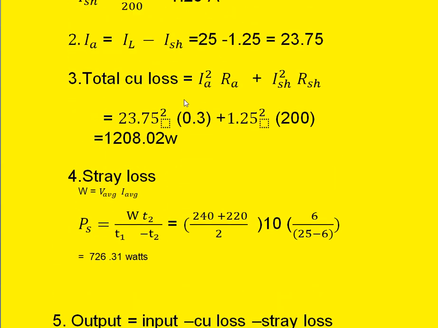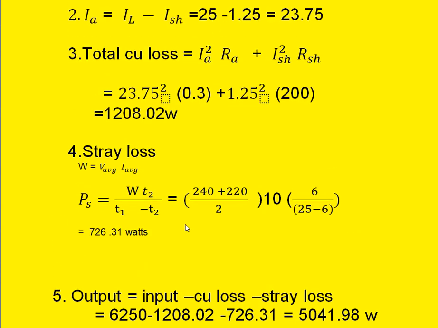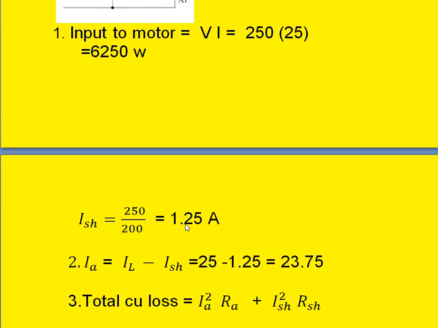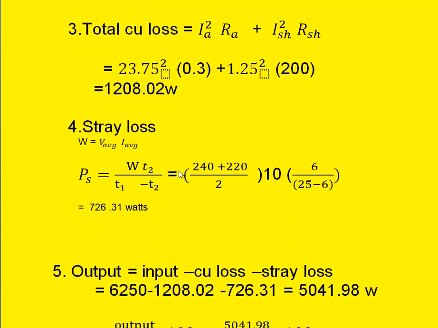So we know the copper losses and we know the stray losses, so we can calculate the output of this motor. You know the input that we have already calculated, that is 6250 watts, and just now we calculated stray loss and also total copper loss.